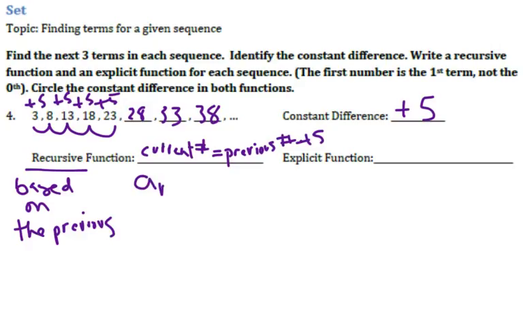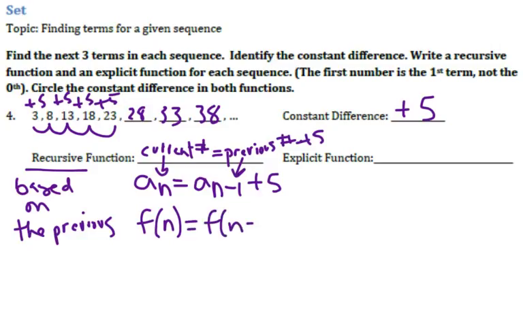There's this one, a sub n equals a sub n minus 1 plus 5, which is saying the same thing. The a sub n is telling us that that's the one we want to find. The n minus 1, that minus 1 is just saying it's the step before. The other way we typically see is f of n equals f of n minus 1 plus 5.